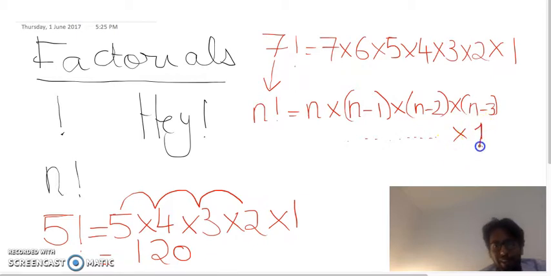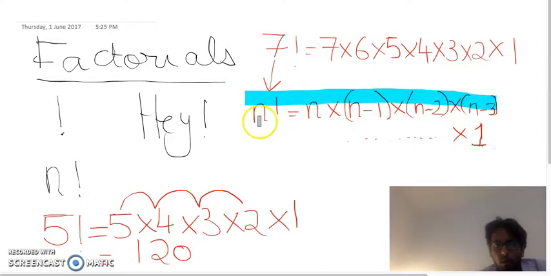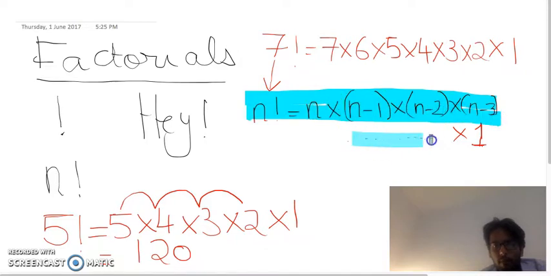Sorry, that's supposed to be a 1. And that is what the factorial notation actually is. I'm gonna highlight this in blue. You keep decreasing the number until you reach 1. And you could put this in your notes.